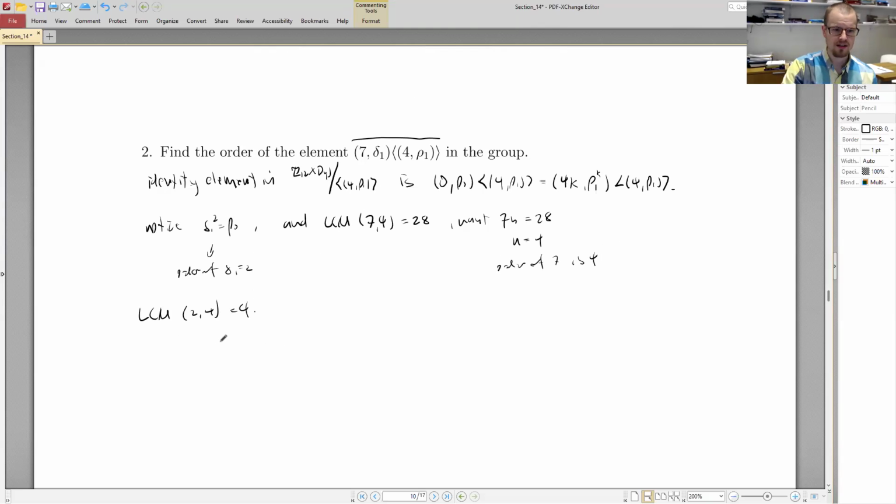Now I can take 7, delta 1 times what's generated by 4 row 1 and raise it to the 4th power to recognize that this is exactly 7 delta 1 to the 4th power times what's generated by 4 row 1. And this is equal to 4 times 7, delta 1 to the 4th power times what's generated by 4 and row 1.